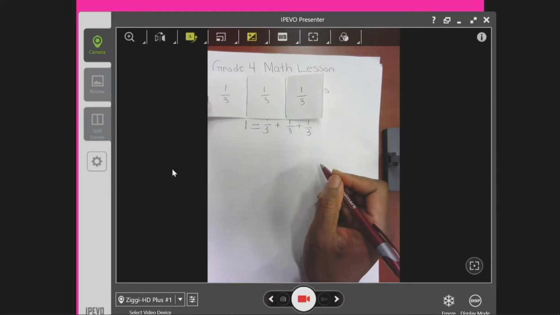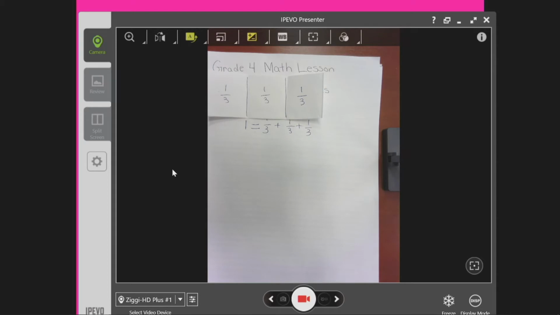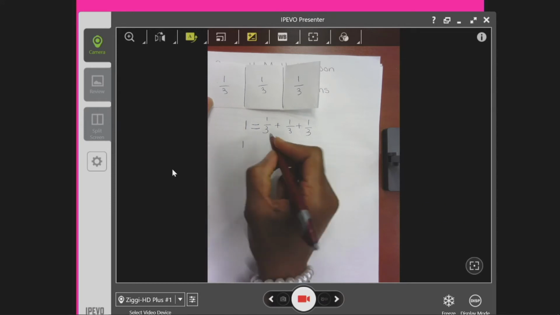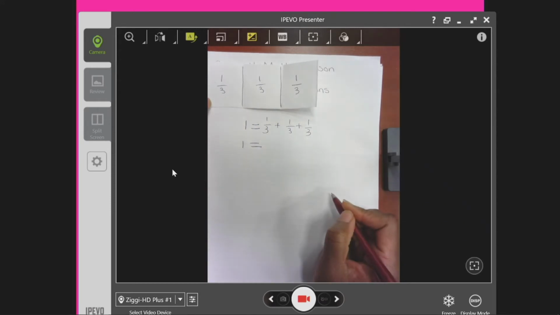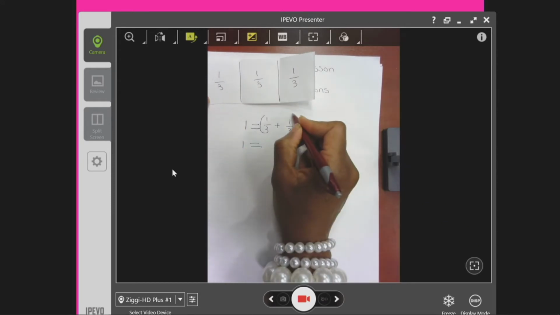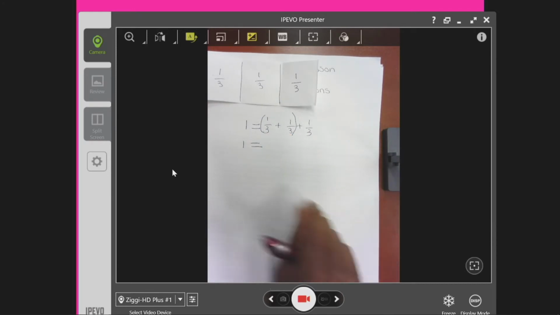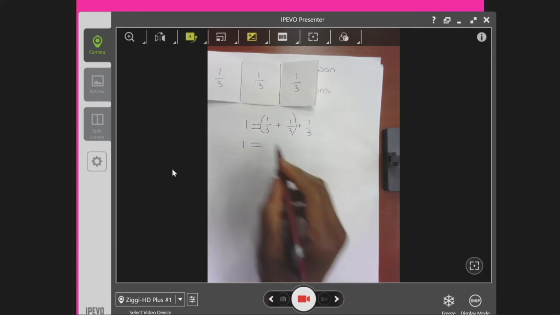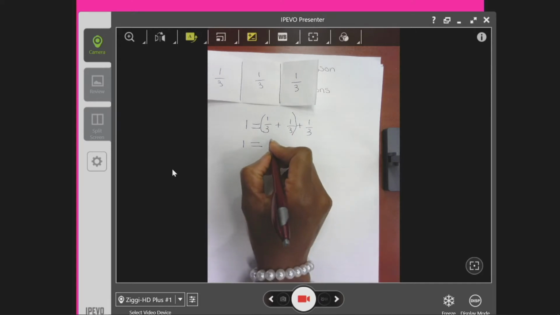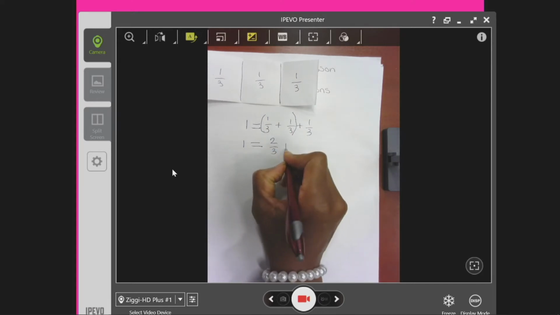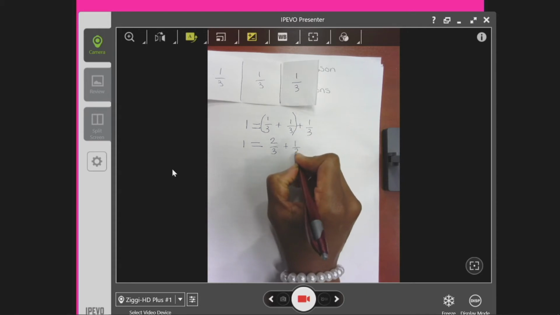Now, what's another way that we could decompose the same 1 whole? Think, now say. Good job. I think I heard some people say we could group 1/3 plus 1/3, and notice I use parentheses to help me group them together. 1/3 plus 1/3 equals 2/3 plus the other 1/3 that we already had.